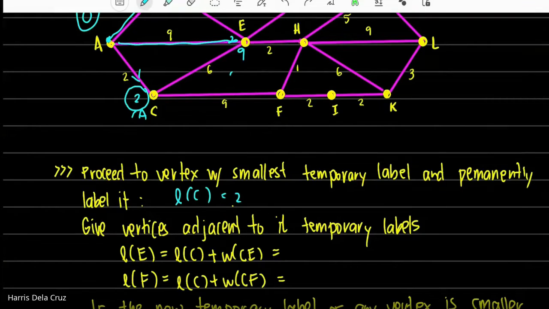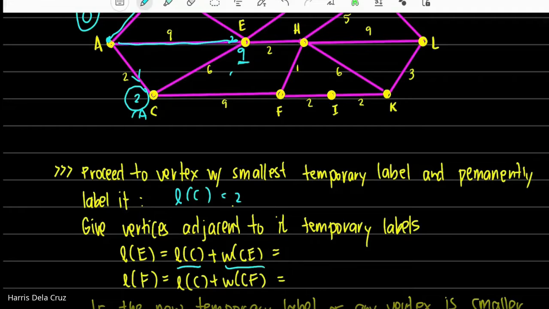Pero temporary lang muna. So, si E, para makarating ka kay E mula kay C, kailangan mo label ni C plus weight papunta kay E mula kay C.